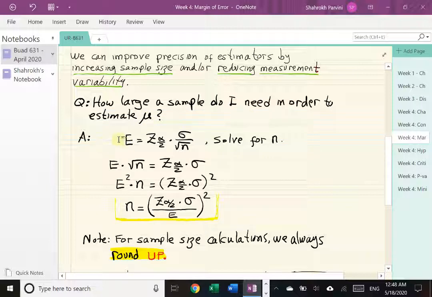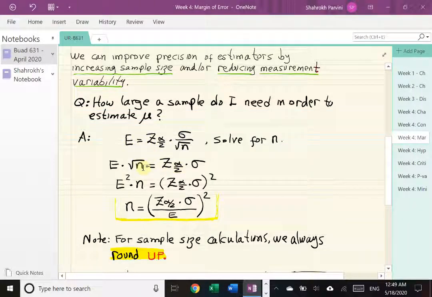So the answer lies with the margin of error. Remember, this is the formula for margin of error. In the next three steps, I've actually solved for n. These are a few algebraic steps. If you follow them, great. If not, don't worry about it. We just want that n formula. But just to explain what I've done, I multiplied both sides by the square root of n.